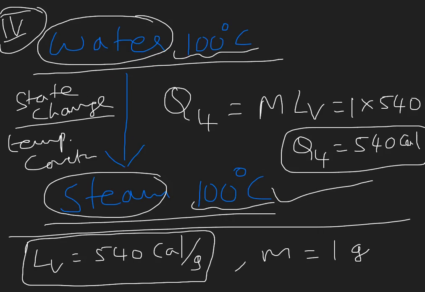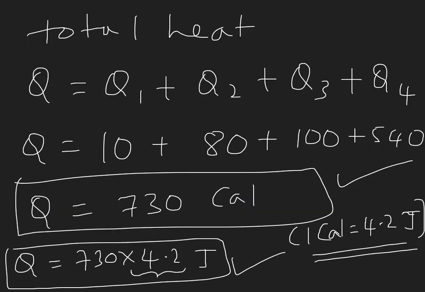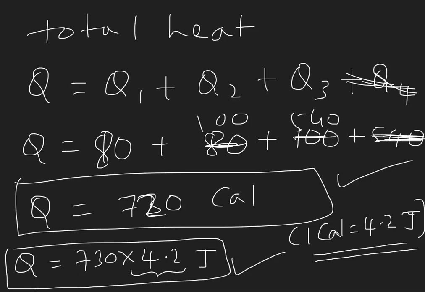Next, it is not the fourth step, it is the third step. So in the third step, what is the Q3 value? mLv. Q3 is equal to 540 calories. Now adding: first step is 80, second step is 100, third step is 540. That means 110 is missing here. Only 3 steps: 80 plus 100 plus 540, which gives 720 calories.